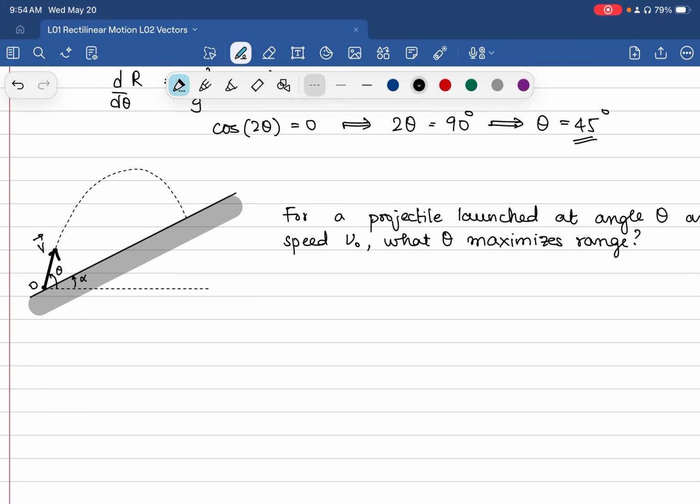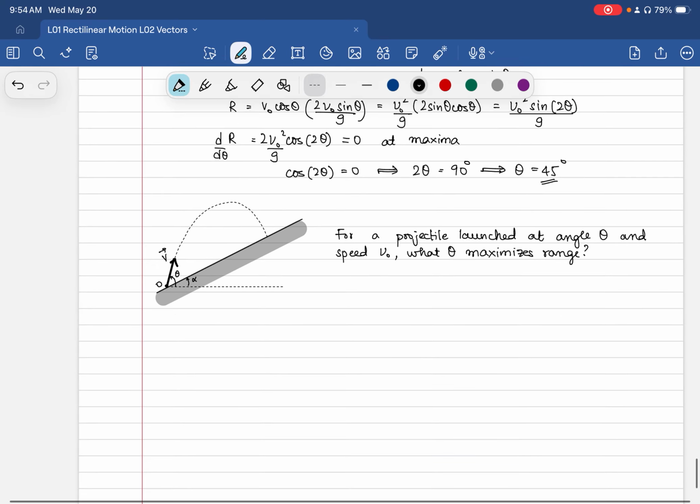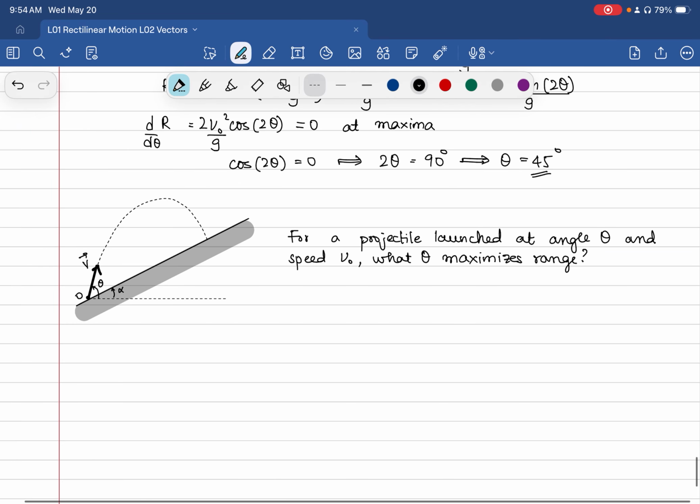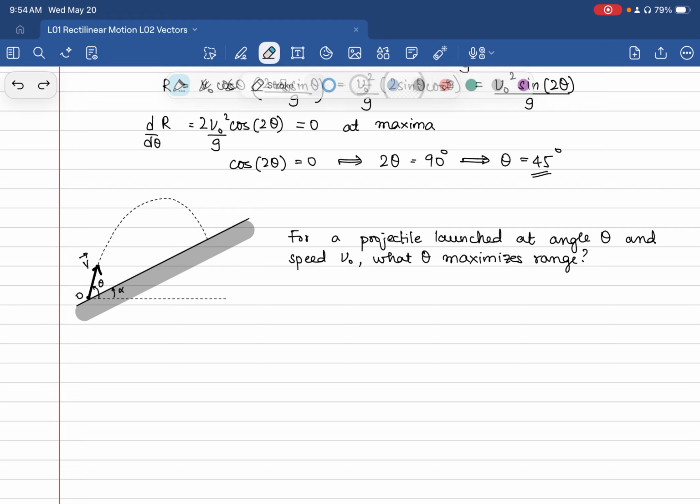That actually makes your calculations easier because essentially now, let me fully define the question. Define the range, theta.